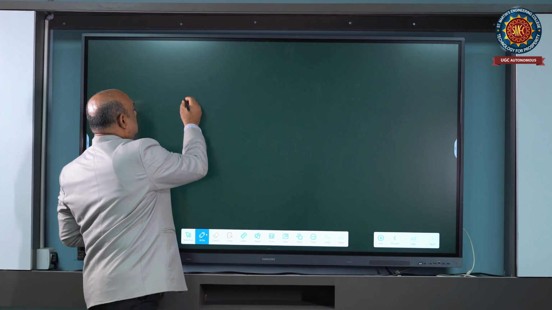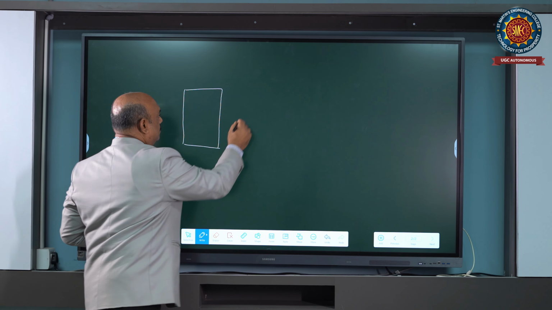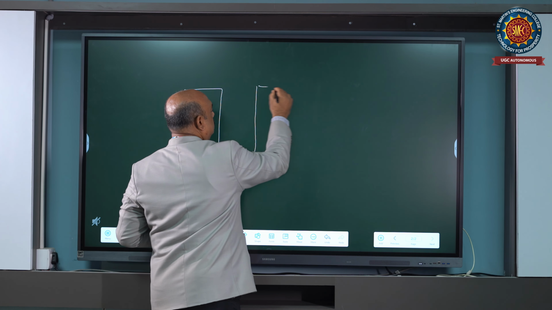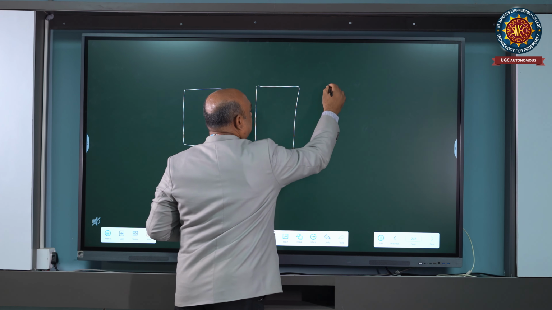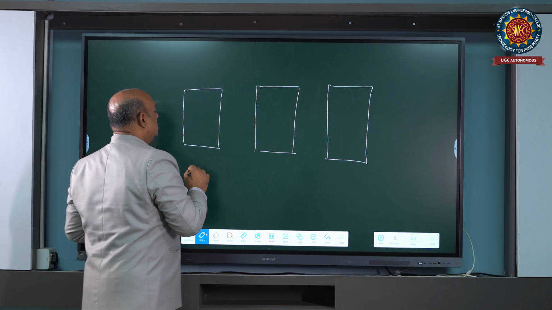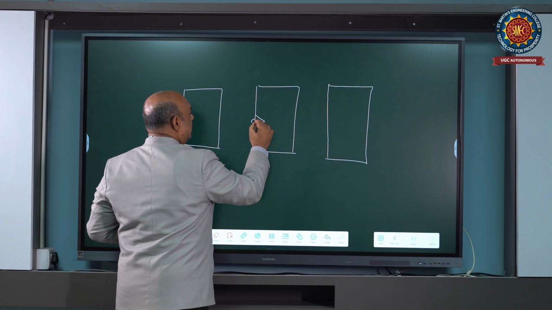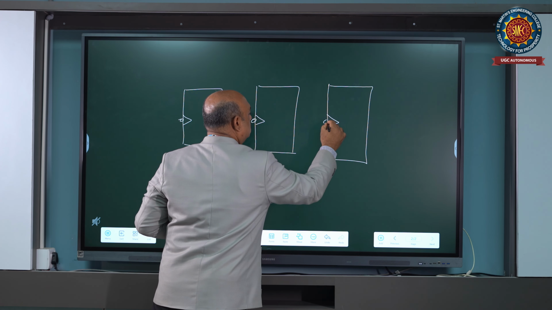Like a 3-bit counter, once again I am taking an example. This is a 3-bit counter: flip-flop 1, 2, then 3. 3 flip-flops are used to design a 3-bit counter. We'll use a negative edge clock pulse.